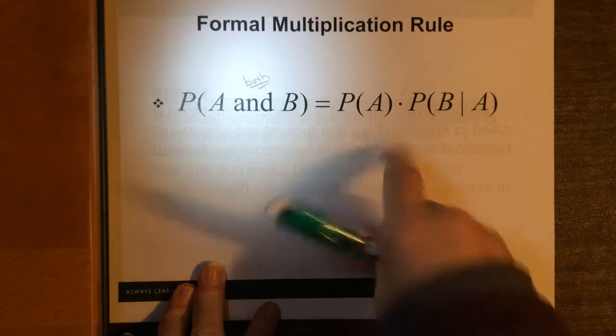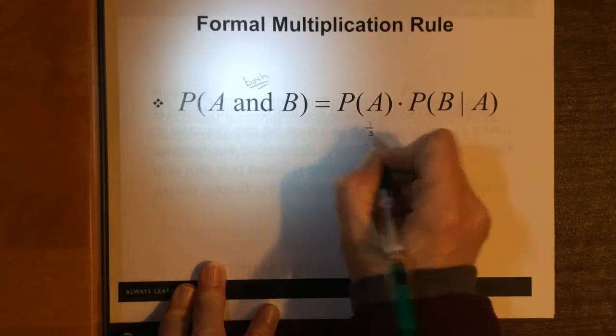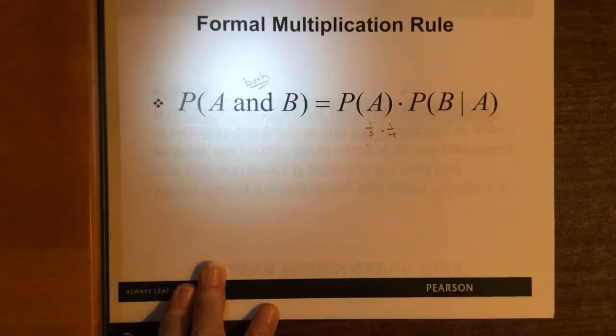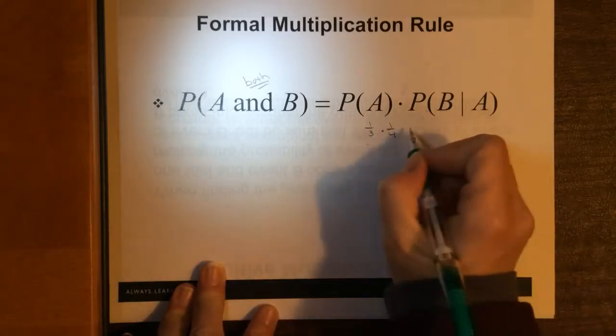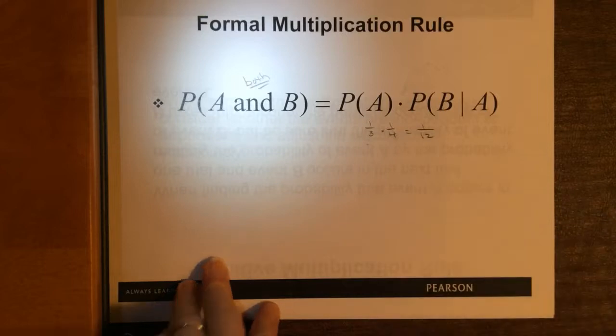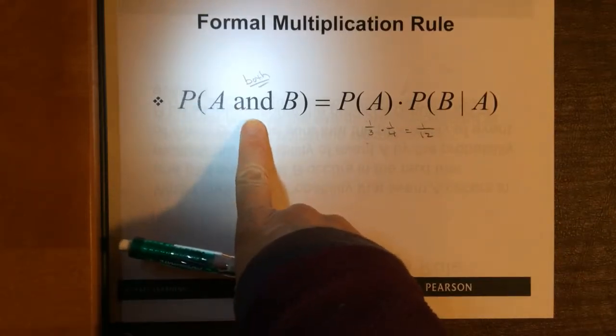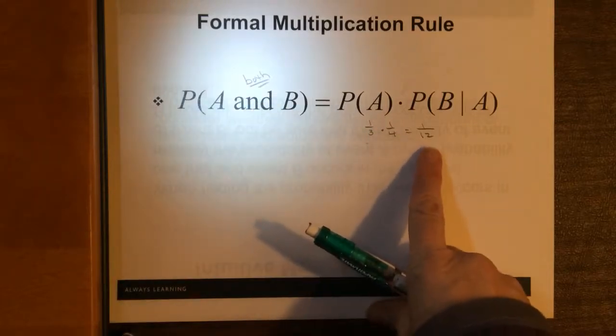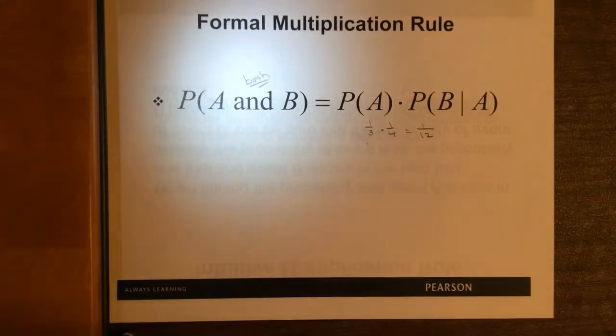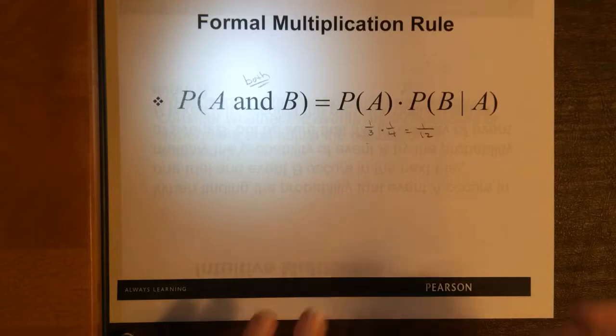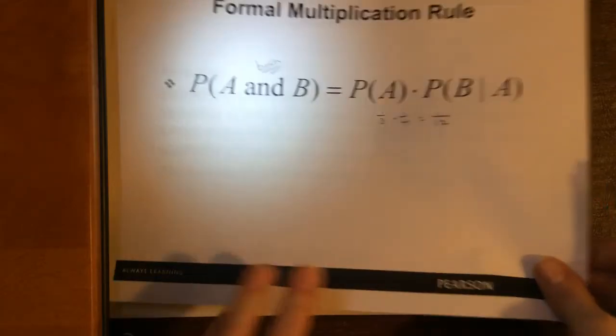And multiplication makes sense here because if you think about multiplying fractions that are between 0 and 1, which is what probabilities are, when you multiply them, you get a smaller number. And so for both things to happen, the probability will be less than for either one happening on its own. So that's why the multiplication makes sense here.